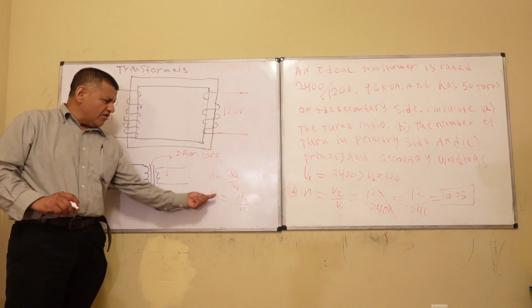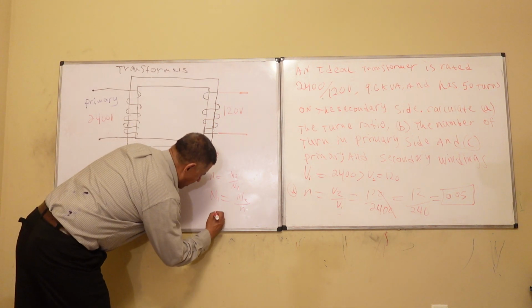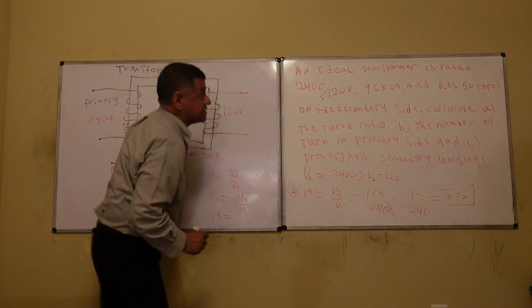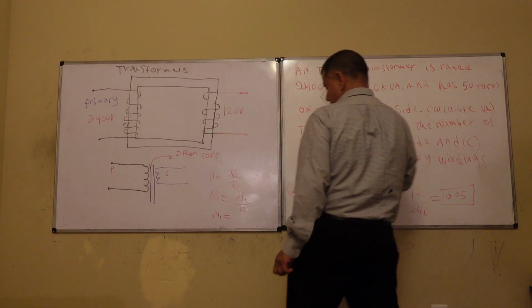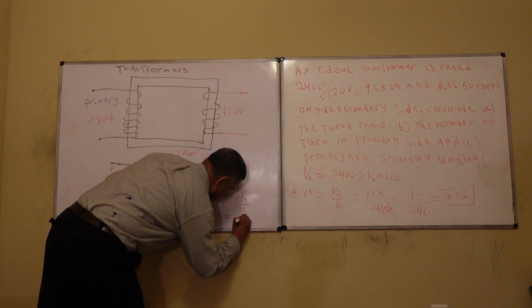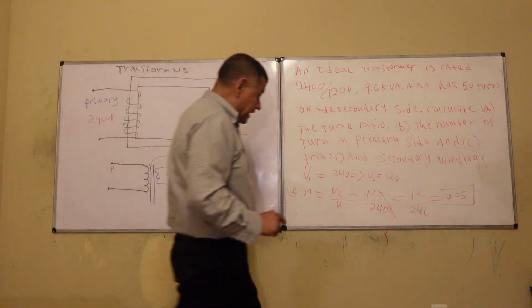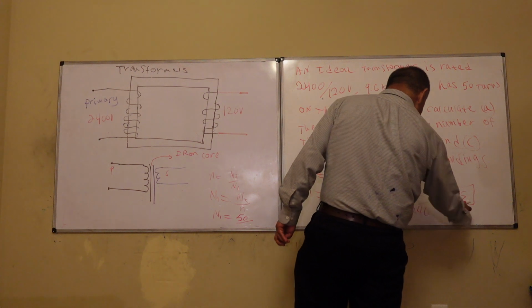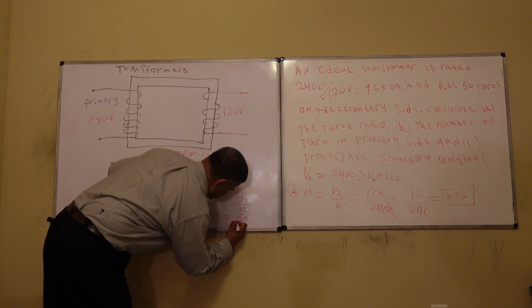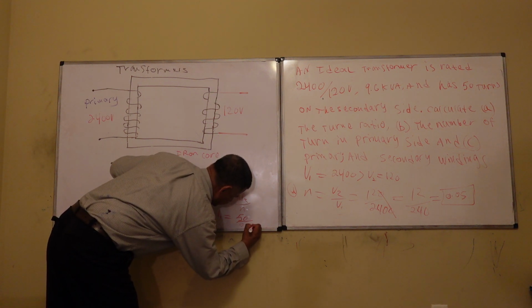Now let's substitute the numbers. Capital N1 is going to be equal to what? 50 divided by the small number that I got, because that was my small n, 0.05.